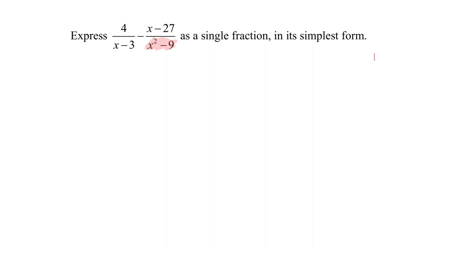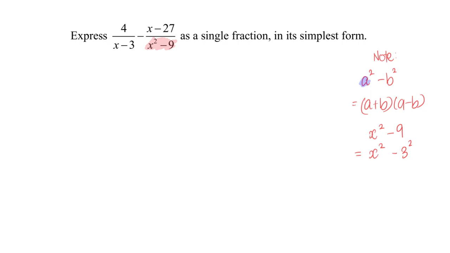I just drop a special note at the side by using the algebraic special product. A squared minus b squared equals a plus b times a minus b. So if I were to write x squared minus 9, I could rewrite 9 as 3 squared.